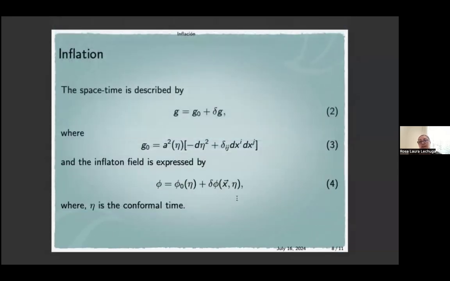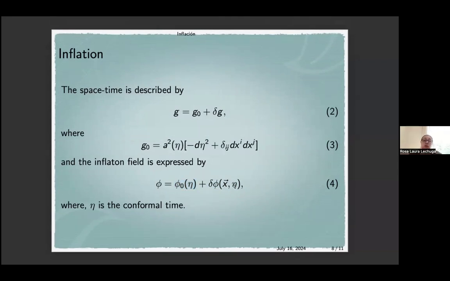Because, as I mentioned before, the modes that depend on the positions are in the Bunch-Davies vacuum. To explain the expansion, it is not necessary to work with these, because they depend on the position. They don't have the symmetries that the zero mode of the inflation field has. We need a mode in order to get the homogeneity and the isotropy of the universe.